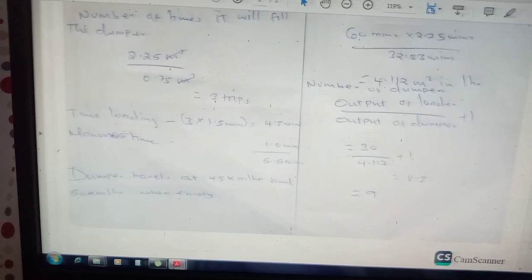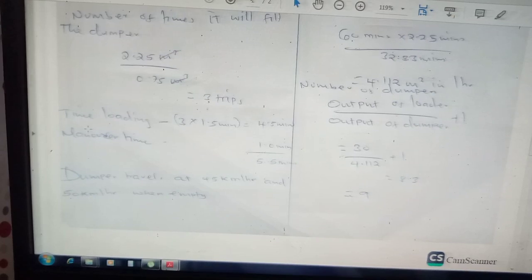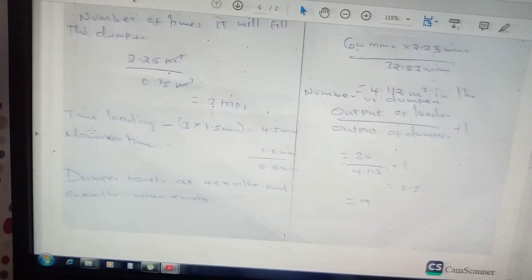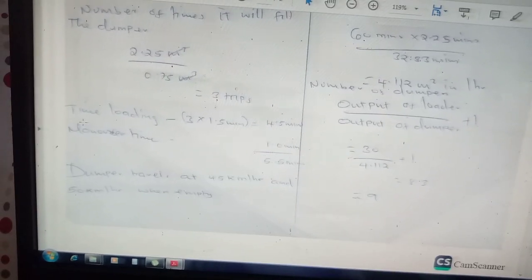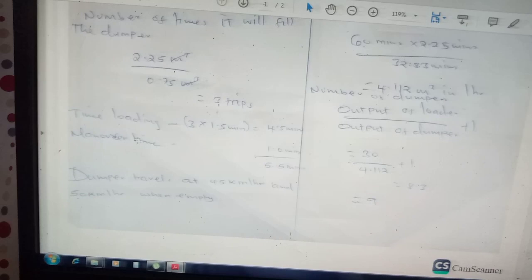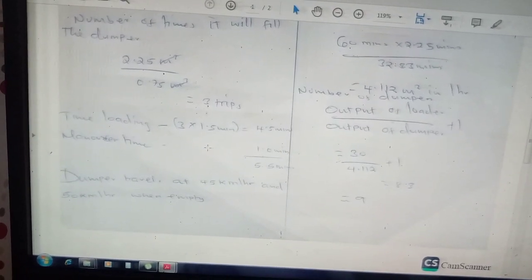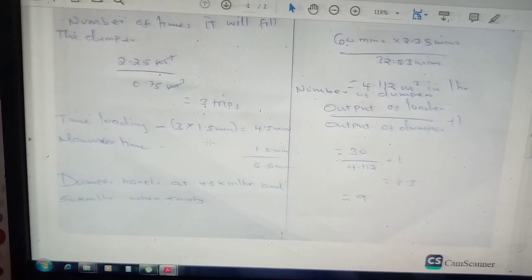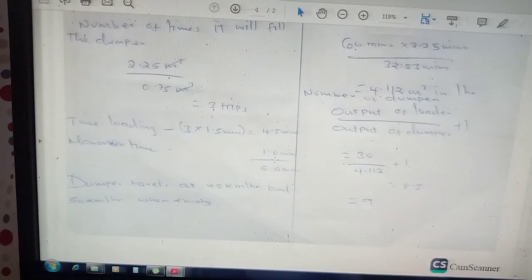Then maneuver time: sometimes you must give allowances for time, because there are times that the machine may stop, or the machine might be going to take the excavated materials and it may delay. So that is the maneuver time, which is 1 minute.